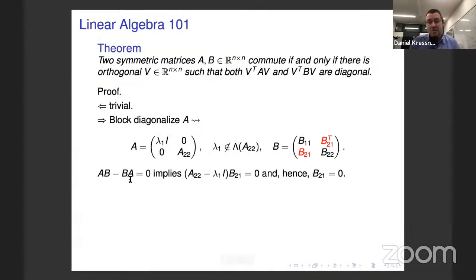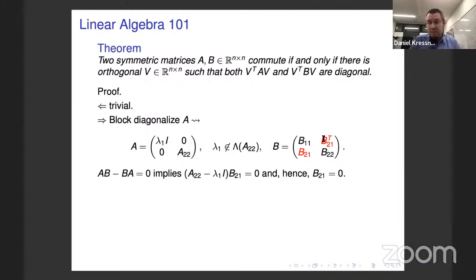Another way is to start block diagonalizing A. You pick one eigenvalue, you take all the eigenvectors, then you get an invariant subspace belonging to a single eigenvalue. This block diagonalizes A. A22 doesn't contain lambda 1.